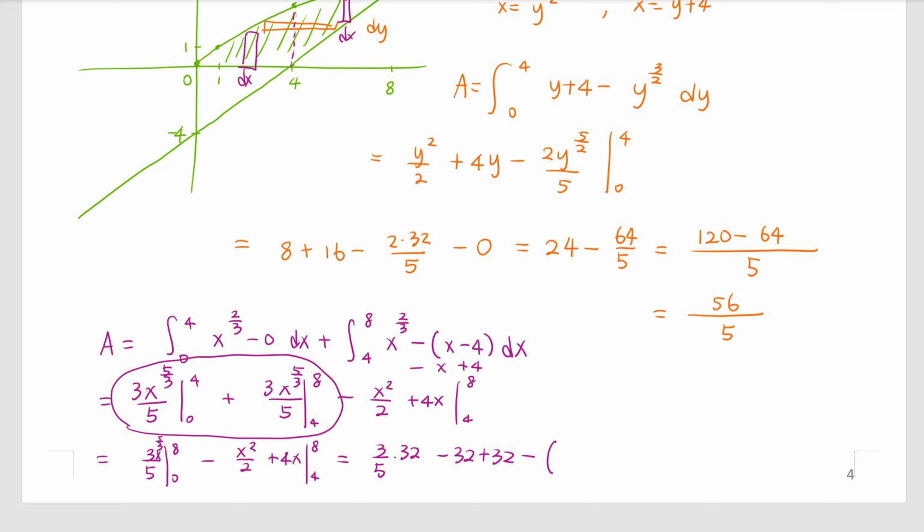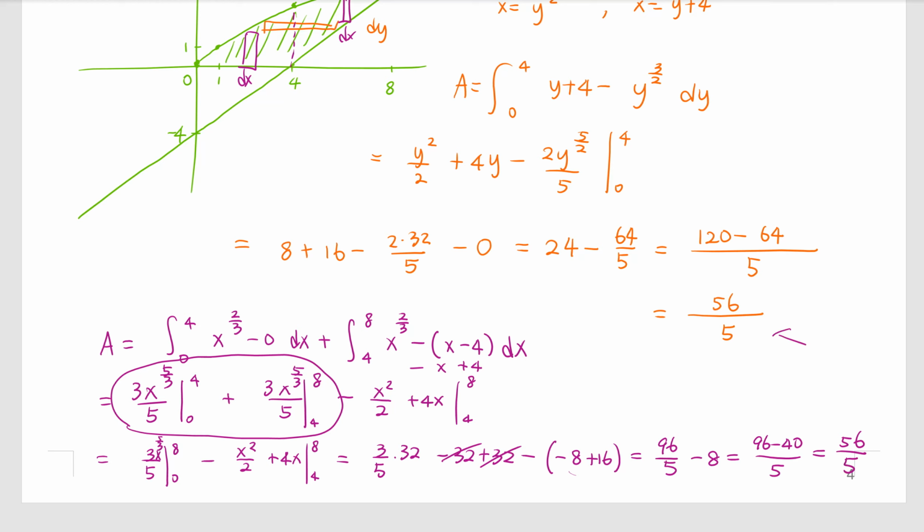Okay, so when we plug in 4, it's negative 4 squared, 16 over 2, 8. 4 times 4, 16. Okay, so we get 96 over 5. Sorry, 8 minus 8 plus 16 is 8. So minus 8. With the common denominator, 96 minus 40 is 56 over 5.